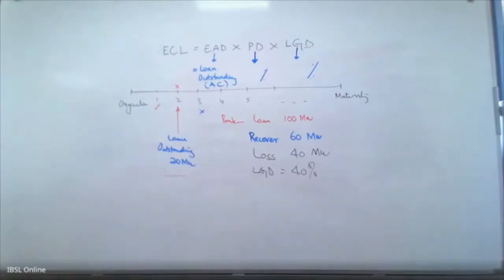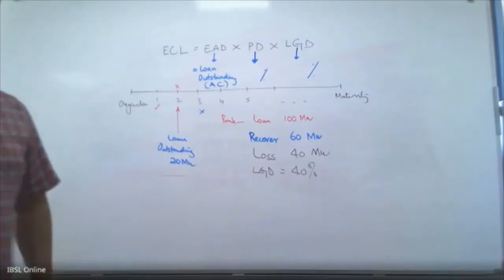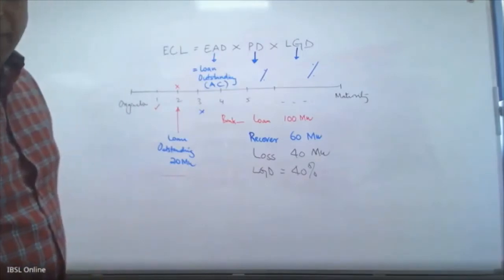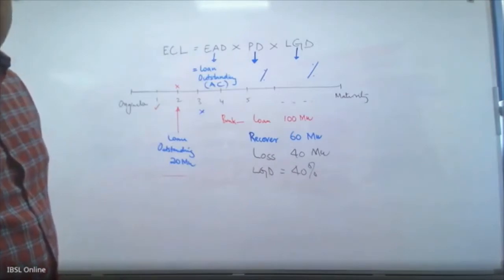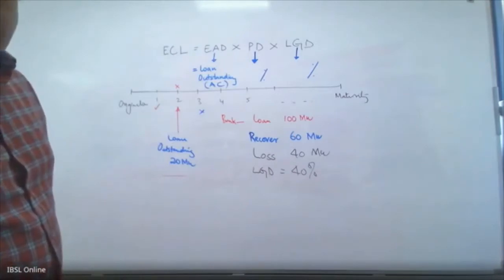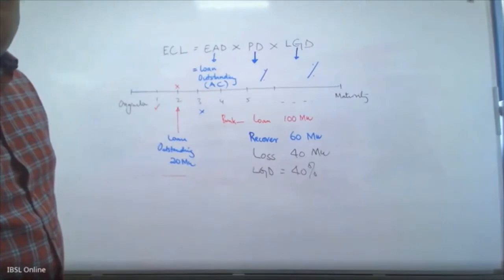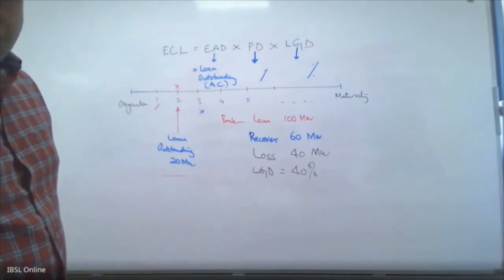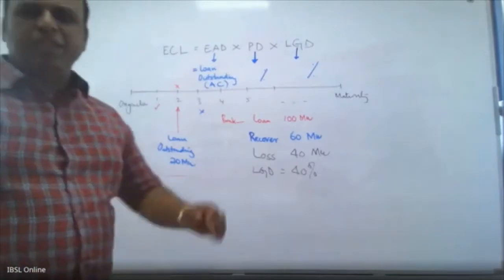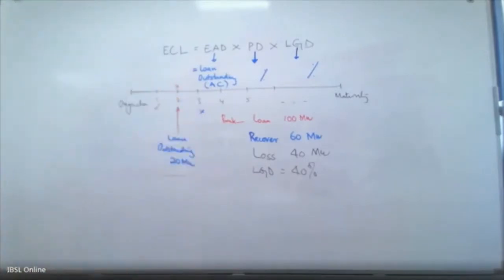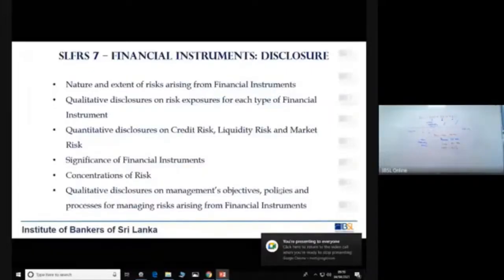Basically, that brings us to the end of impairment. There is one more slide which is on disclosure requirement. These are some of the information that you need to provide under SLFRS 7.